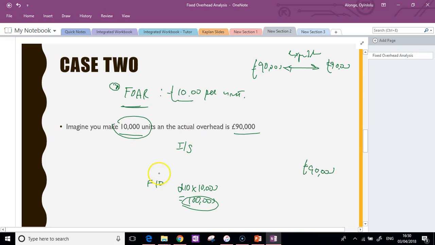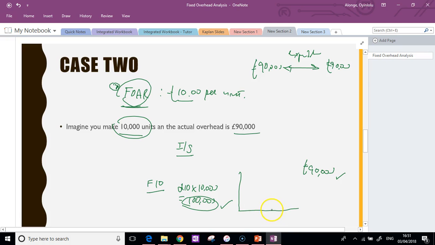But what I'm saying is, when you're preparing your income statement, it's not that simple, really, because we do things in terms of the absorption rate. When I prepared the income statement, I used the absorption rate. That's what's showing in my income statement right now. And you're thinking, but no, that's what the actual overhead is. So there is a variance right now. And this variance is purely, 100% purely due to volume.